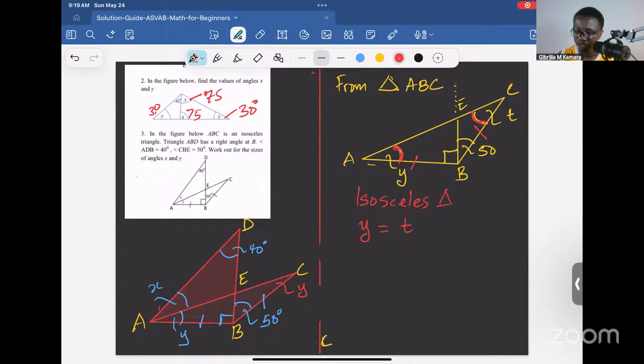But the whole of this from here to this makes up what? That is 90 plus 50 already, which is 140 degrees, right? We know that. So the whole of this is 140.